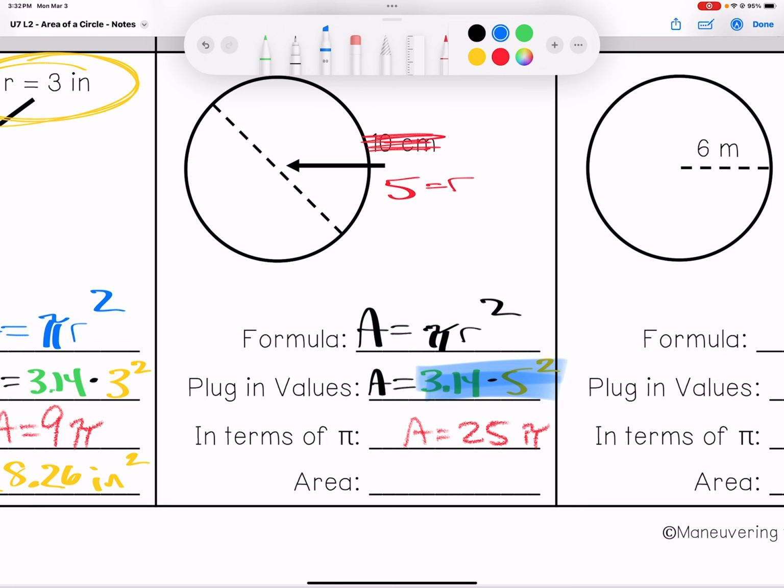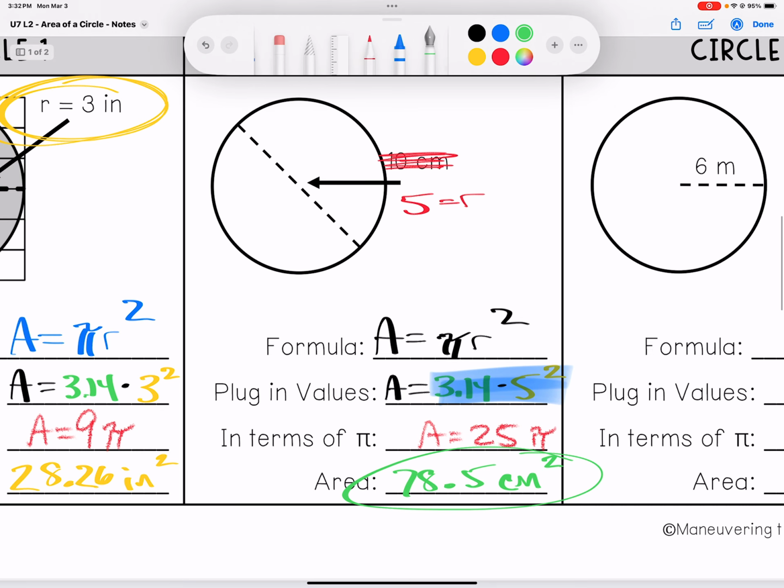And you're going to get 78.5. We were talking about centimeters, and since we're talking about area, it's squared. If you don't put the squared part, you will miss it. That is important.